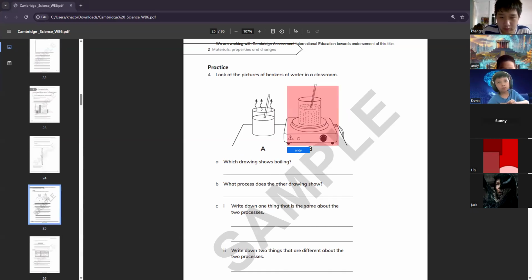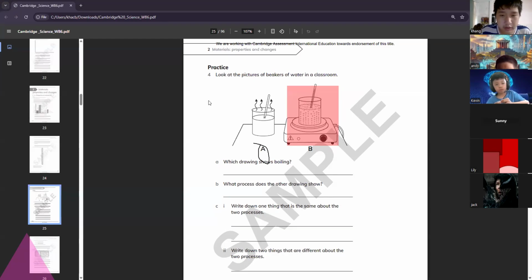About 25, about 20 or more or higher. Yep. A could be a huge range. As long as it's under 100 degrees, it is technically correct. But yeah, you should assume that A is at room temperature because we're in a classroom.